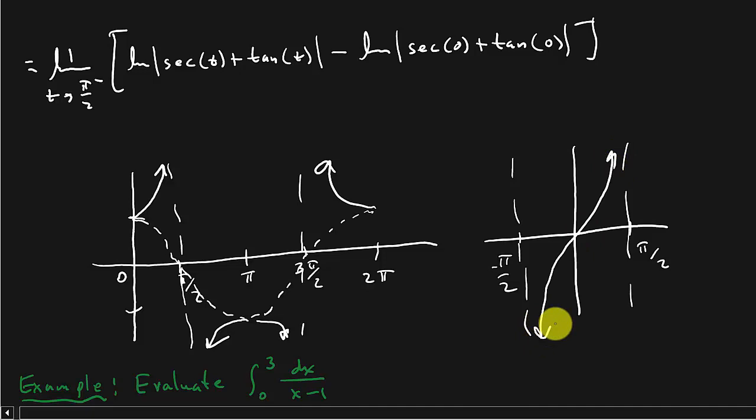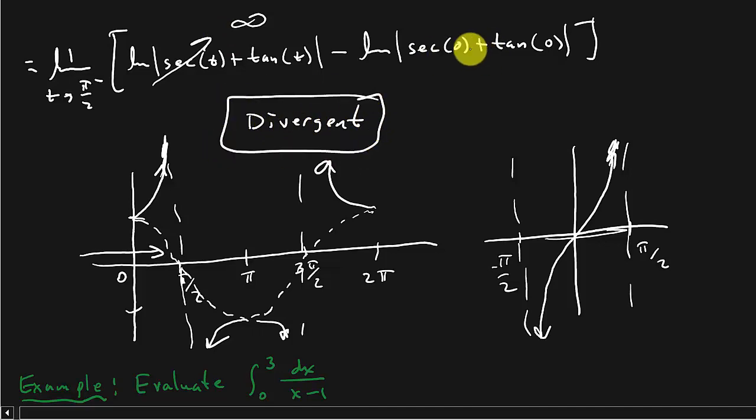You can see that as we come into pi over 2 from the left, secant is going to infinity and tangent is also going to infinity. We have a big number plus another big number, so the natural log goes to infinity. This whole thing goes to infinity, so it doesn't matter what we have here. This is divergent.